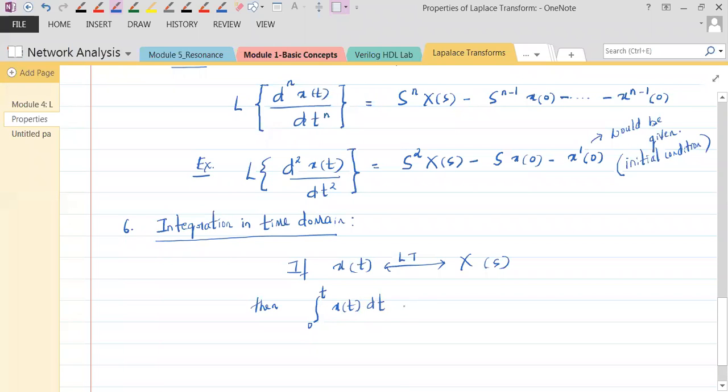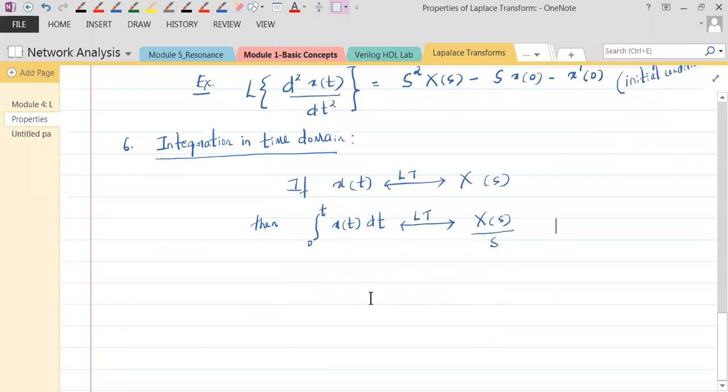So if you have the time integrated signal, then the Laplace transform of such an integrated signal would be given as x of s divided by s. Everybody understand this point? So the Laplace transform of the integral of a signal is the Laplace transform of the signal divided by s. Fine. So this is the integration in time domain property.